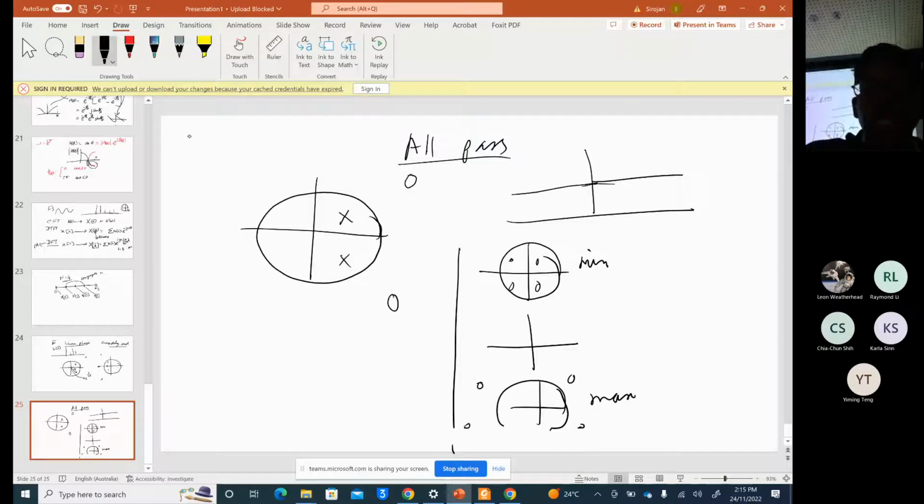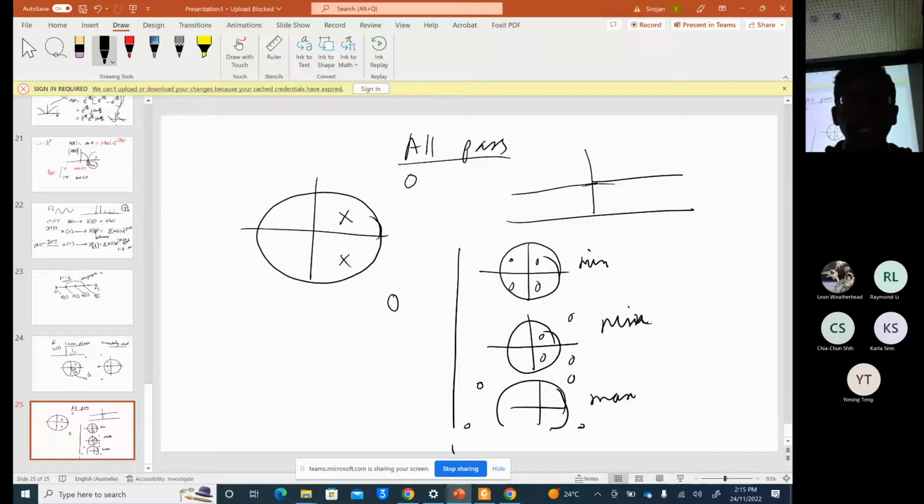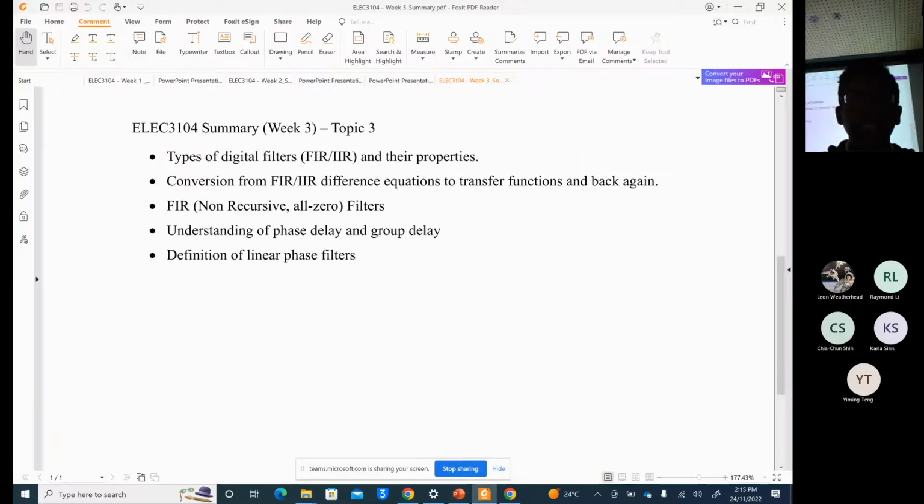And something in between is the mixed phase. Mixed phase filters will have some zeros inside and some zeros outside. Okay, so that is about filters and recursive and non-recursive filters.